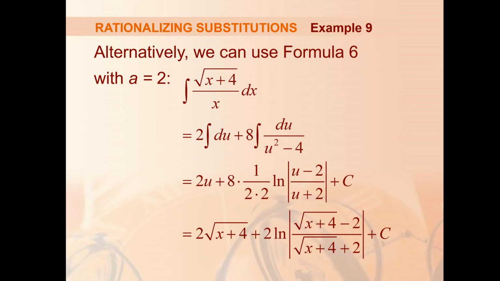Integral of du over u squared minus 4, and that one is just a times 1/4, which is 2, and then natural log of absolute value of u minus 2 over u plus 2. And then the last part right here, you want to unsubstitute. Again, don't forget to bring down the family c.